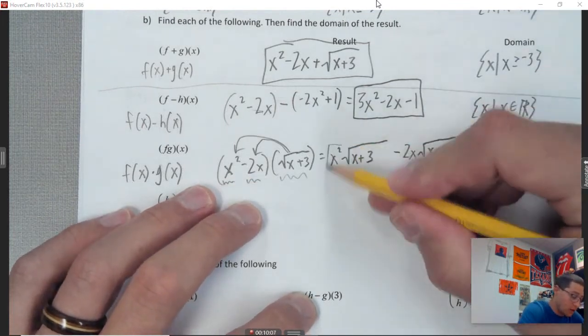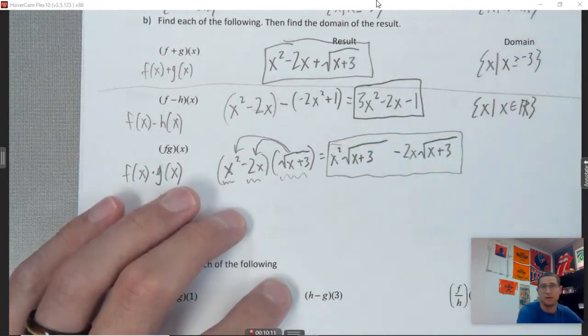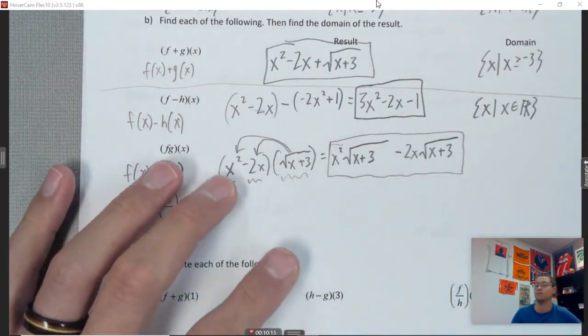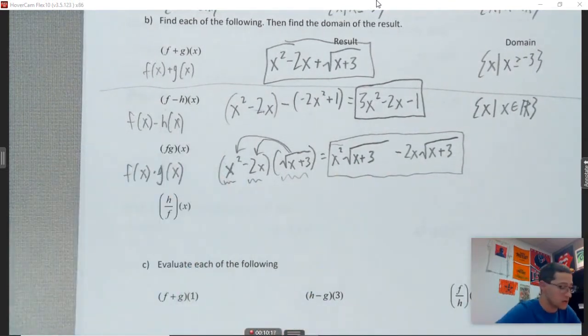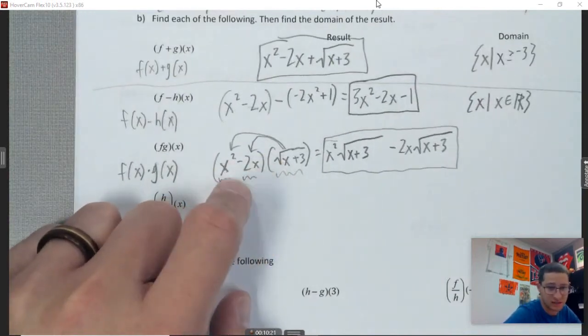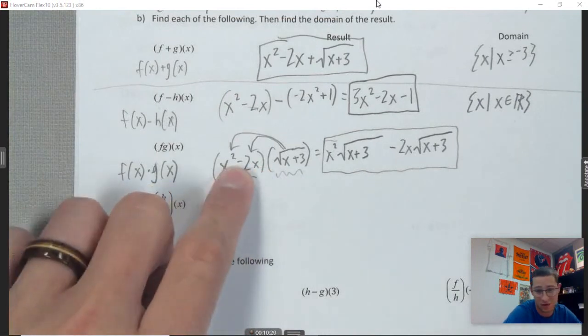Now, depending on the problem, maybe it's good practice for us to write this out and simplify it. But the truth is, you could leave it as this if there's no real specification on how to simplify it. It just depends there. But this is a perfectly fine answer as my function.